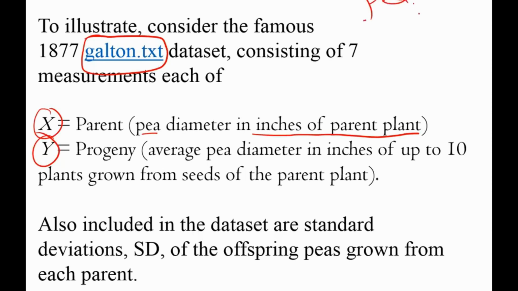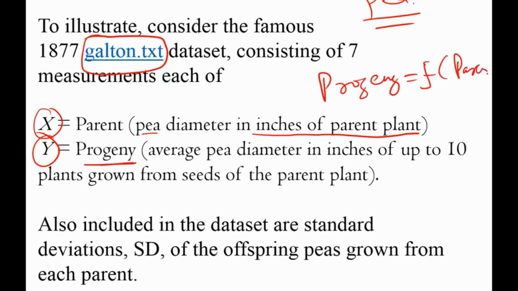We have the diameter of the seed of a parent plant, and the progeny also has seeds, so that diameter is taken as the dependent variable. We're trying to find out how the progeny diameter depends on the parent diameter, right?